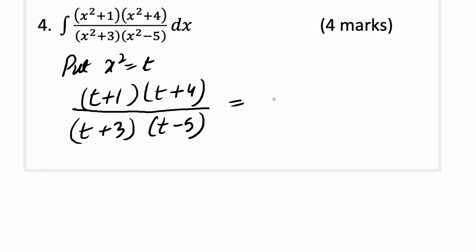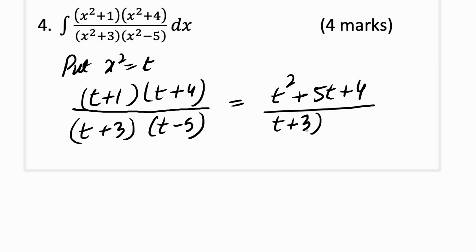Once I multiply them, I will get t square plus 5t plus 4, and the denominator will be t square minus 2t minus 15. Okay, now what can we see? We can see that the degree of both the numerator and the denominator is the same. We cannot use partial fractions until the degree of the numerator is less than the degree of the denominator.